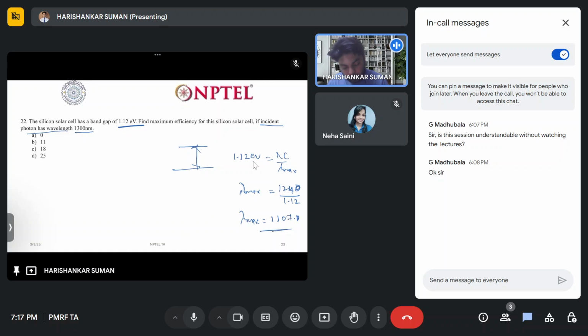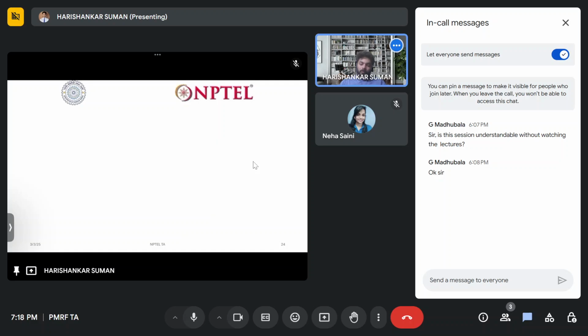This is the maximum wavelength; beyond it the material doesn't absorb the incident photon. So 1300 is greater than lambda max, the material does not absorb the light, and efficiency will be 0. Okay, next question.